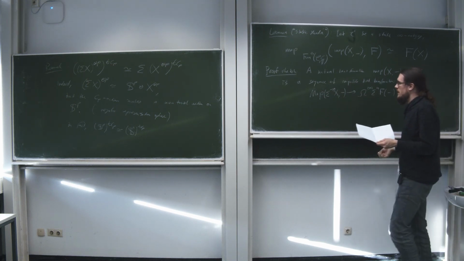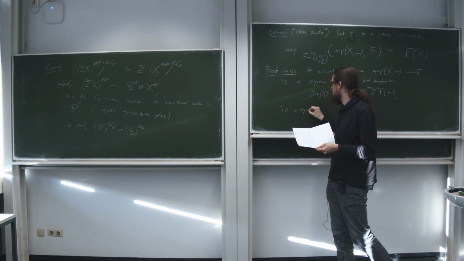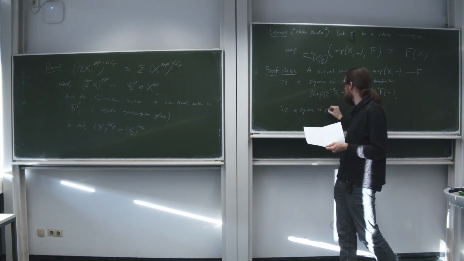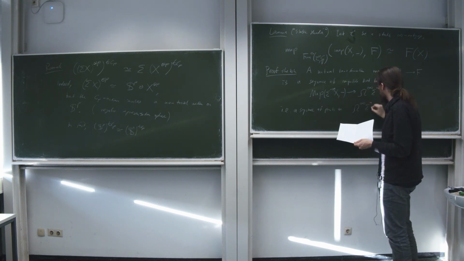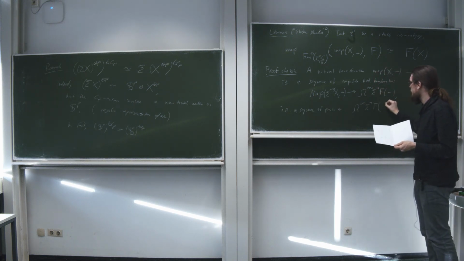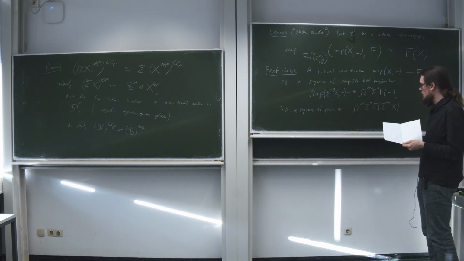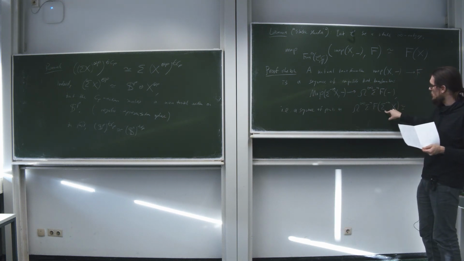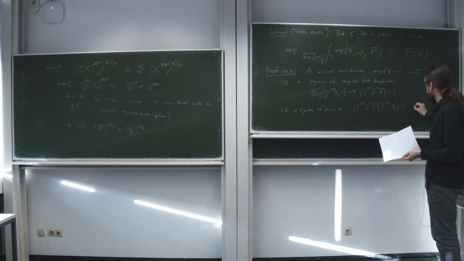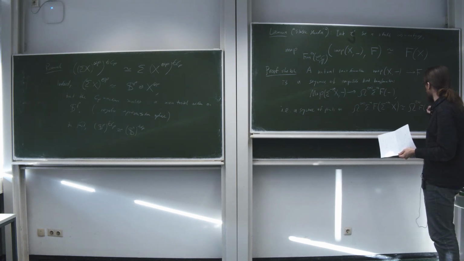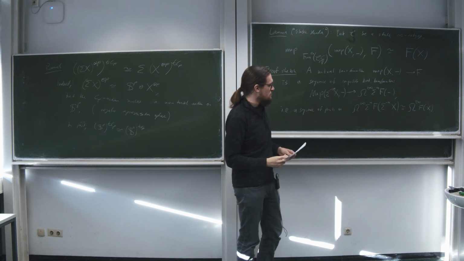So ordinary Yoneda tells you that this is a sequence of points in loops infinity sigma n F of sigma minus n X. But F is exact, so this sigma minus n pulls out, cancels with the sigma n here, and all of these are simply loops infinity F of X.